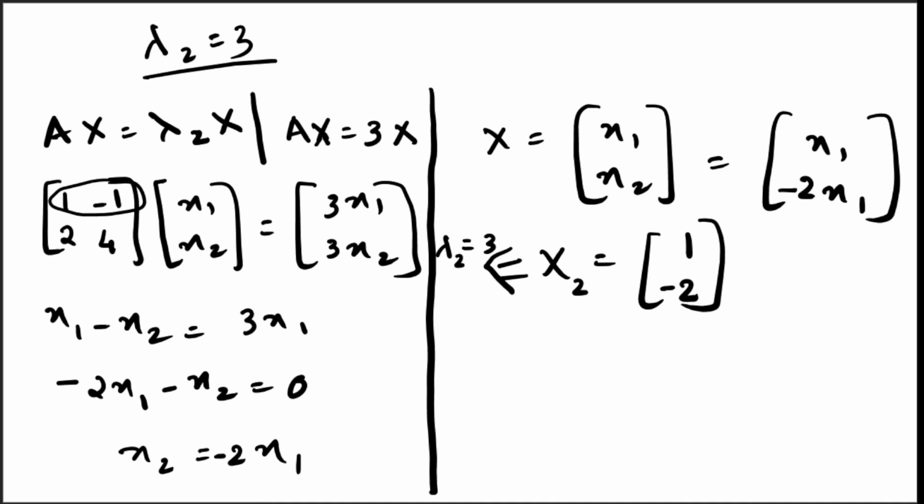Let me restate again. We have a matrix A equal to 1, minus 1, 2, 4, and we have to find A raised to 100.